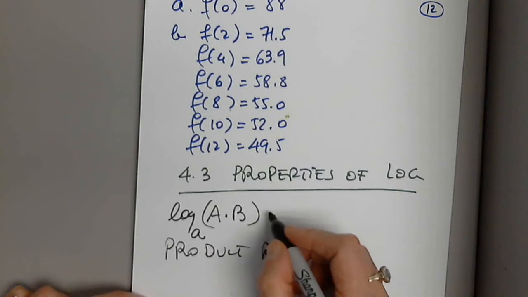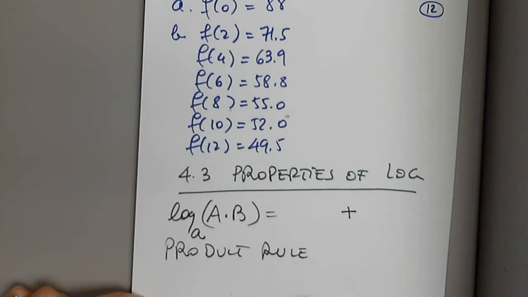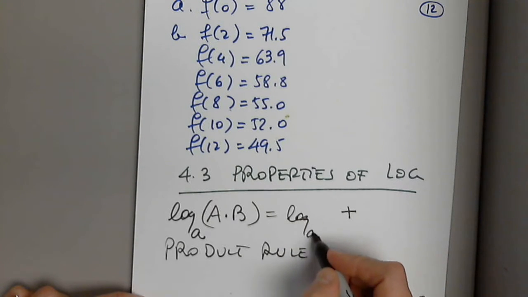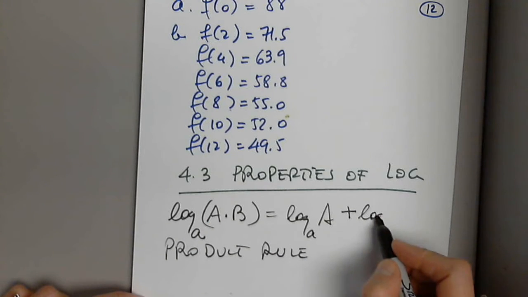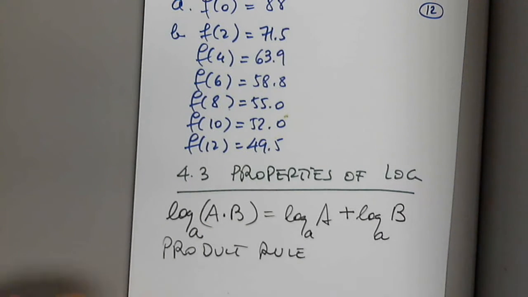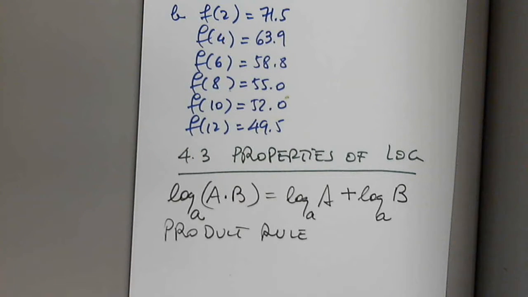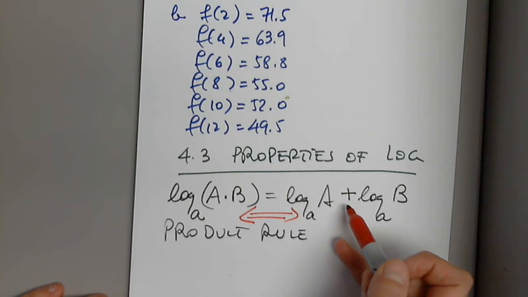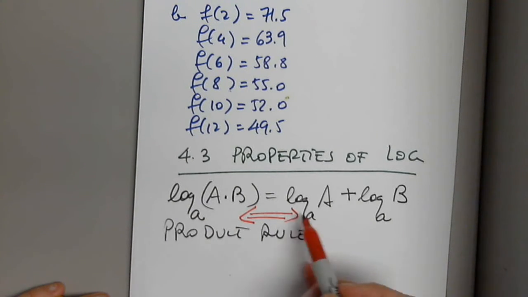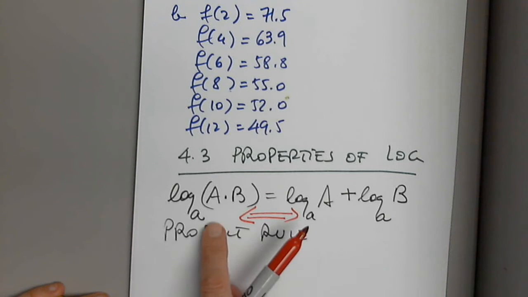Log applied to a product can be changed into the sum of logs. Log in the same base of the first factor, plus log in the same base of the second factor. This property has to be remembered dynamically if you want. I can start here and change it into a sum of 2 logs, or I can start with a sum of 2 logs in the same base and change it into this.